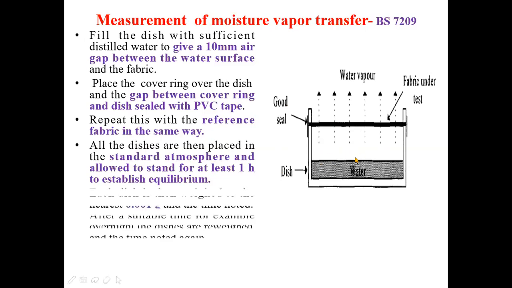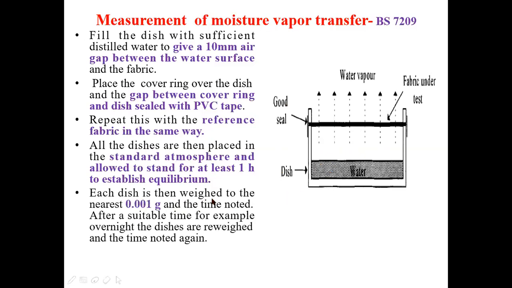Now, after the equilibrium is reached, then we have to weigh with an accuracy of 0.001 gram, and we have to note the time. After a suitable time, say overnight, the dishes are re-weighed and the time is noted.